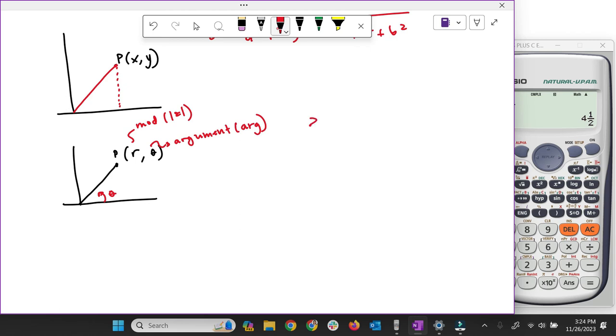So, may iba't iba tayong formats of the complex number. The first one here, kung i-base natin siya dito sa ating rectangular system, using x and y as the abscissa and the ordinate respectively, and kung i-write ko siya into its complex counterpart, this will be x plus y.